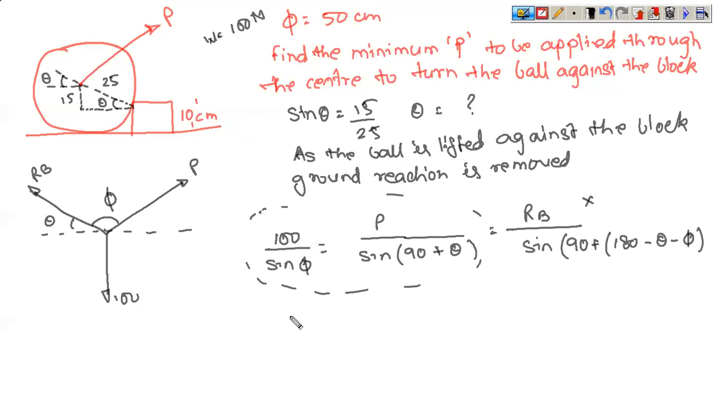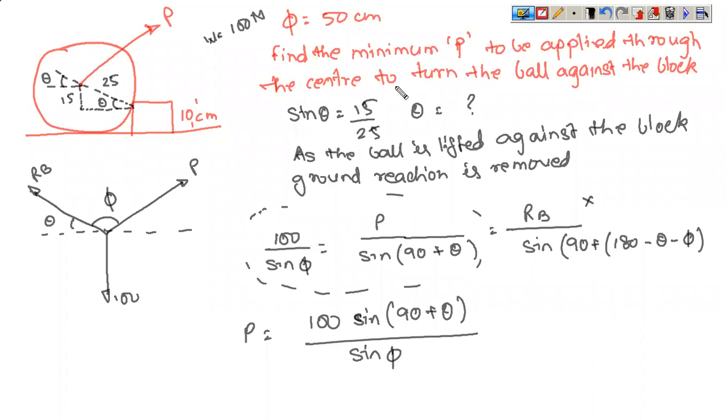If you look at this equation, you can say that P is equal to 100 sine (90 plus theta) divided by sine phi. So theta is known to you. What about phi? Again, there is a statement, minimum.